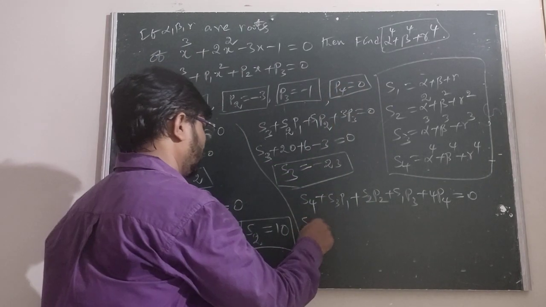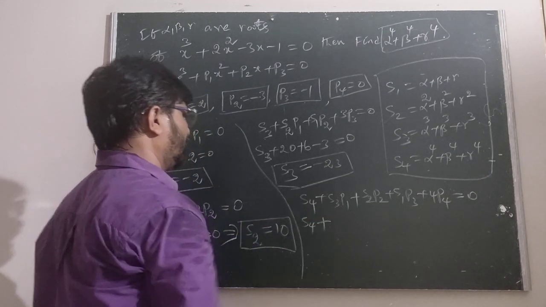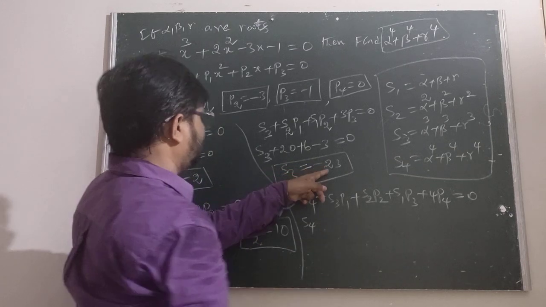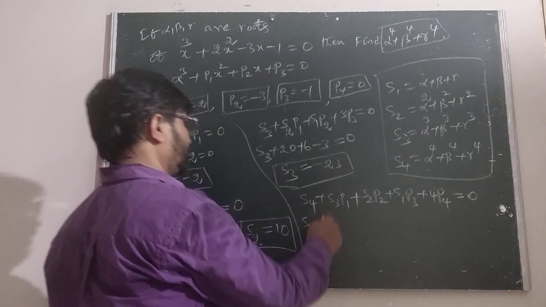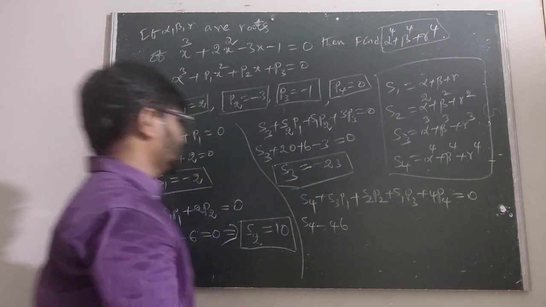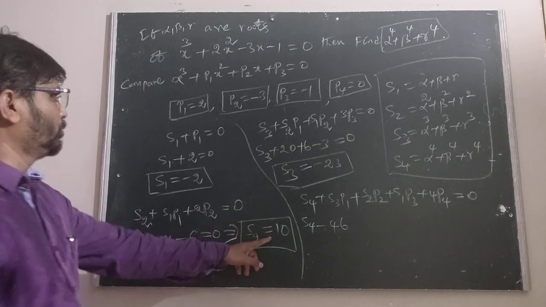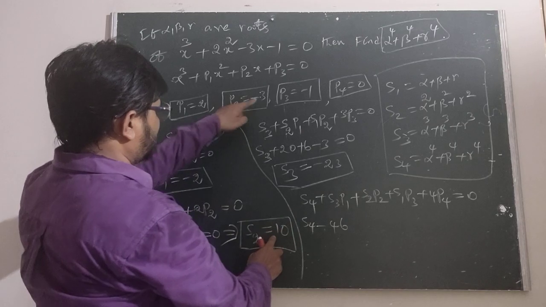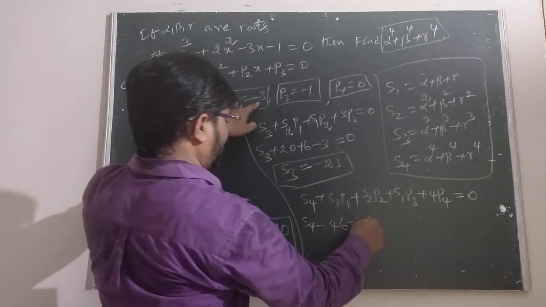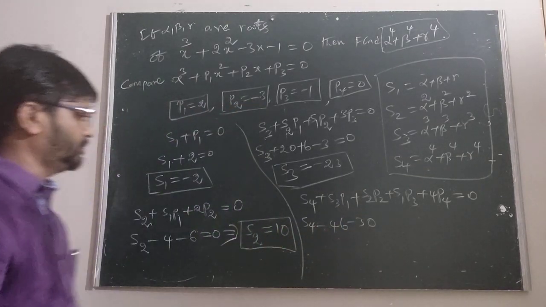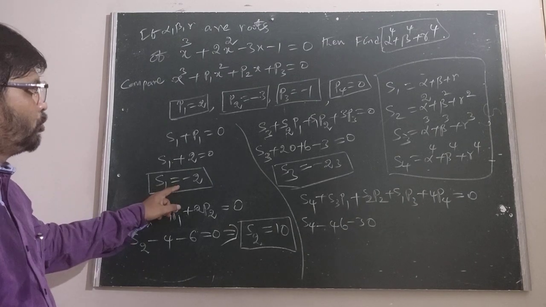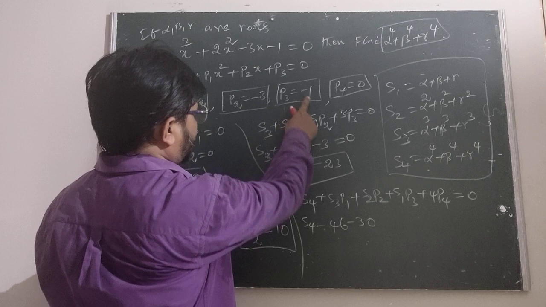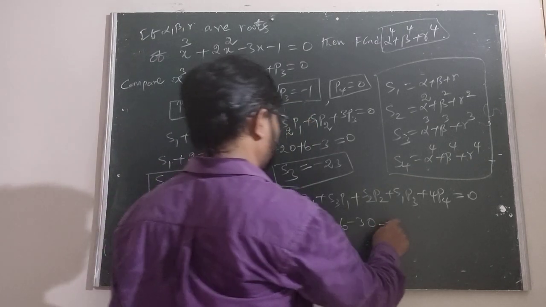Now, S4. S3 P1, S3 is minus 23, minus 23 into 2 is minus 46. S2 P2, S2 is 10, P2 is minus 3, now this is minus 30. Now S1 into P3, S1 is minus 2, P3 is minus 1, now this is plus 2.